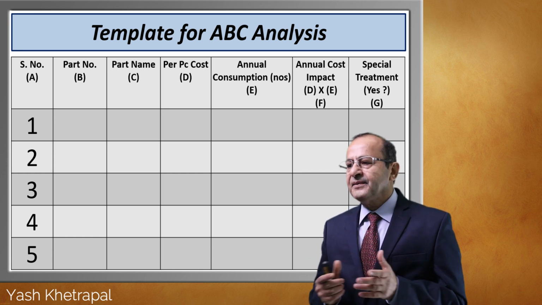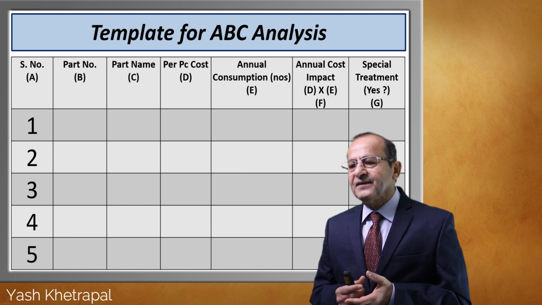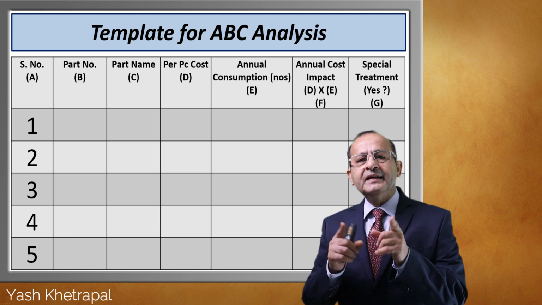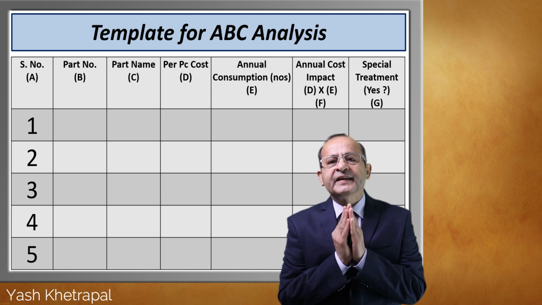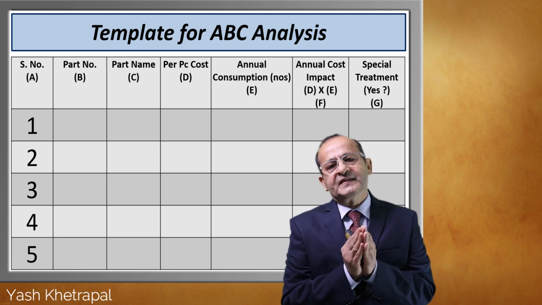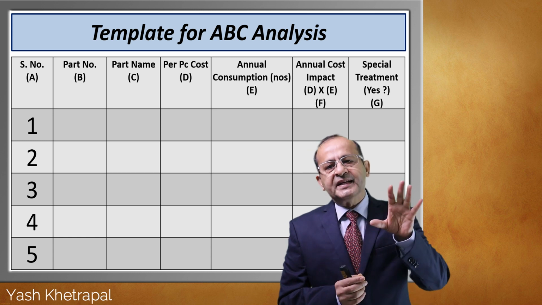Then column F, multiply the two: D multiplied by E. That will be annual financial impact, annual purchase impact. How much money you have spent. Fine. Once you have done that, then you sort the data in descending order.